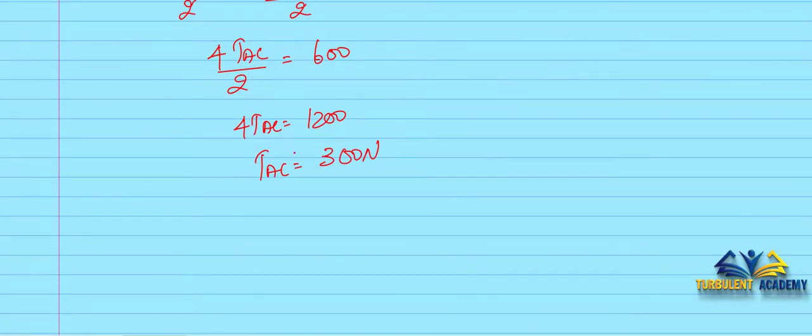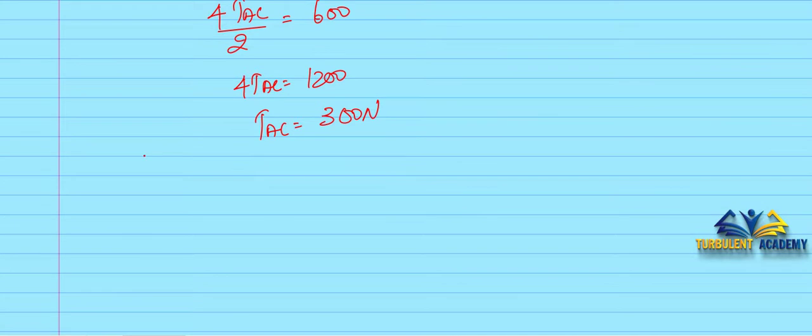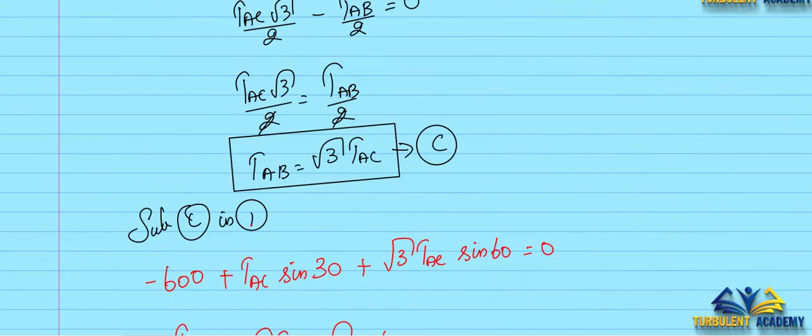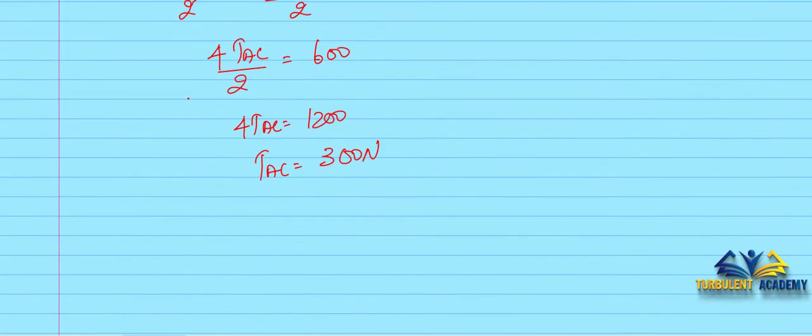Now if you see the other, which is TAB, right? TAB is equal to root 3 TAC. So we need TAB, I'll write root 3 itself, into 300.